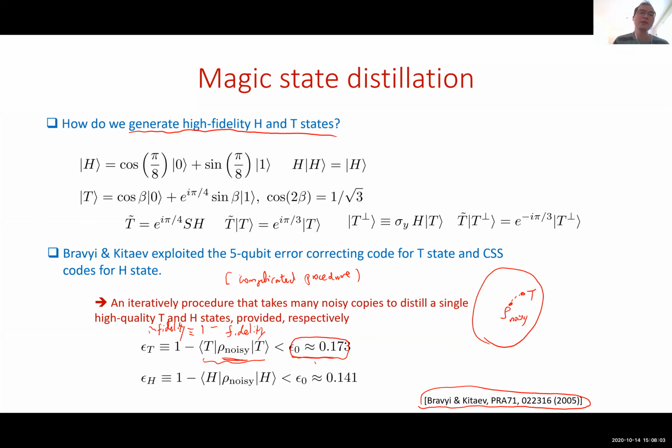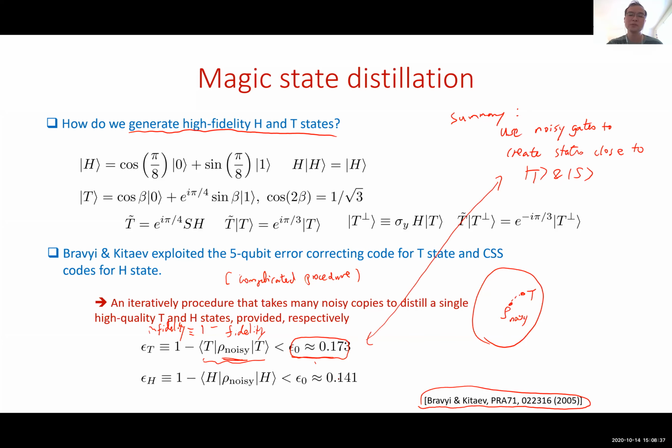So maybe a summary of the magic state distillation is this: use noisy gate to create states close to T and S. Close in this sense.